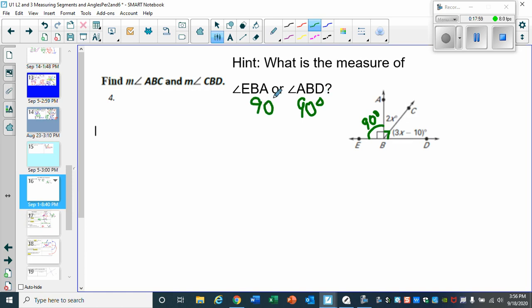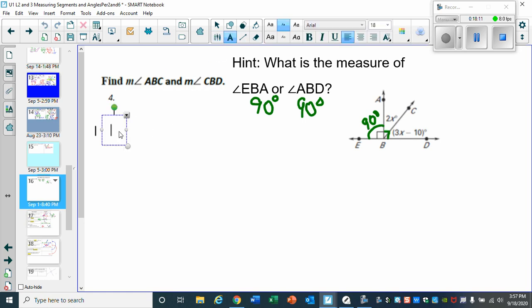But now you know the sum of ABC plus CBD, so I'll write that down. Given the diagram, ABD is equal to ABC plus CBD.